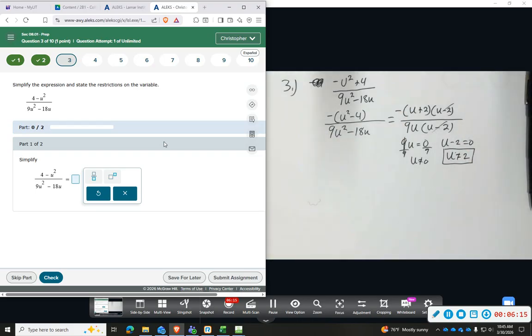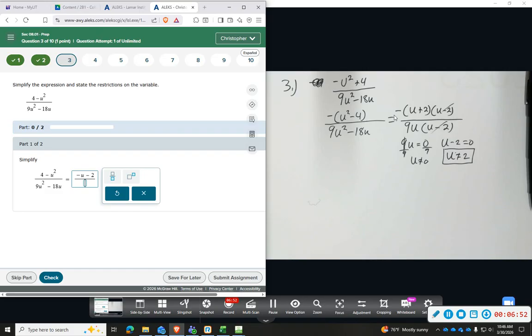Here's our simplified numerator. So u plus 2. I thought I got the parentheses in there. Do they not want it? So it will be a negative u minus 2 if they're not allowing me to do my parentheses.